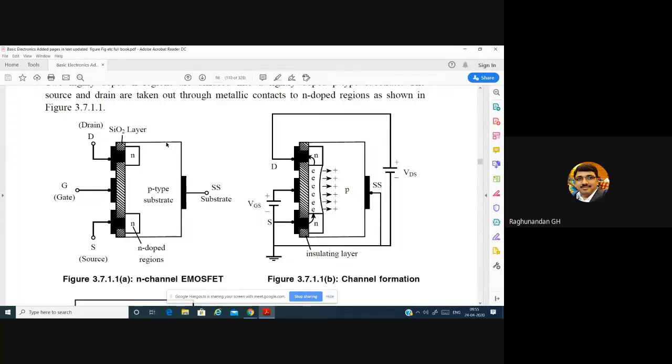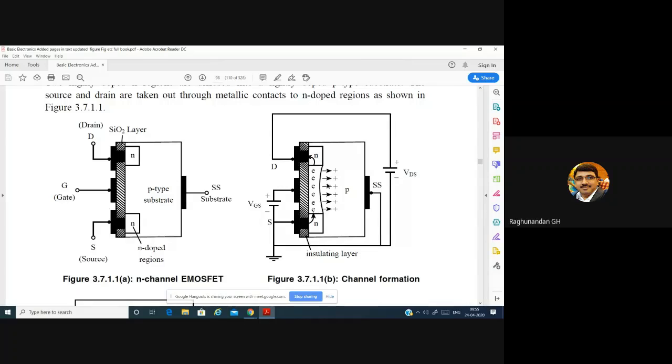So the same technique is used here. You can observe that we are going to bias this gate in such a way that, since you know the P substrate is having majority charge carriers as holes and minority charge carriers as electrons, we connect this gate terminal so that all the minority charge carriers present in the P type get attracted towards this layer.